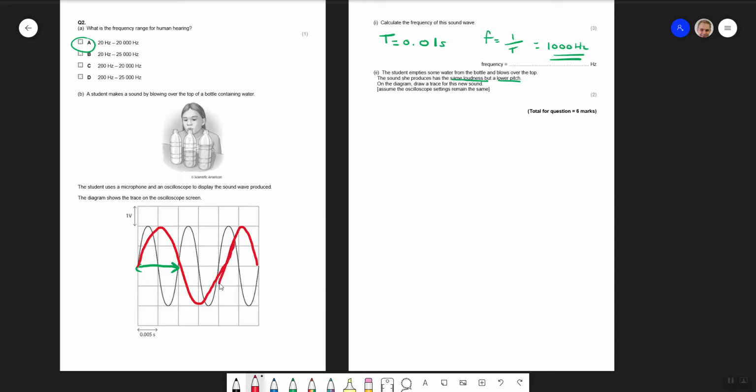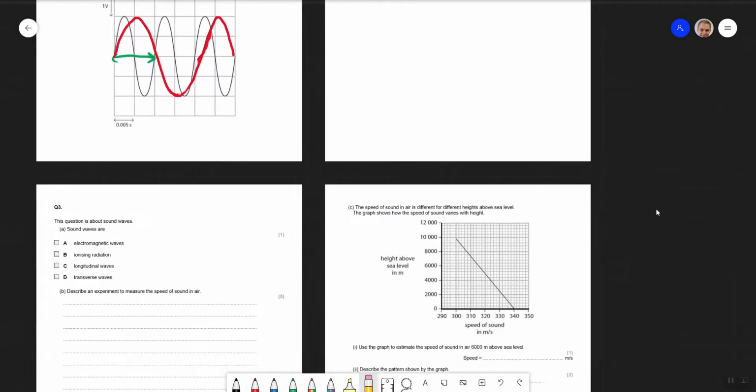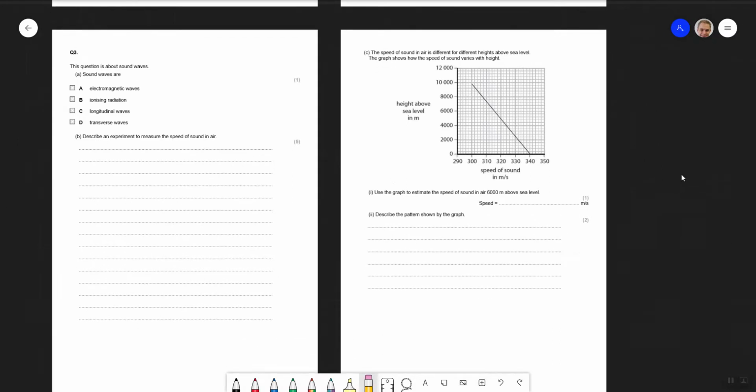And there we go. One mark for making sure it's the same height, another mark for making sure the frequency is lower.